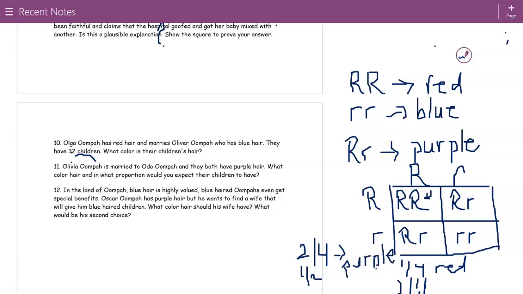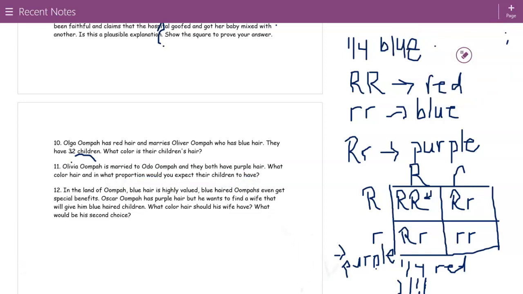Bear with me, y'all. And 1 out of 4 will have blue hair. Okay, so that is the proportion of colors of hair that their children would have.